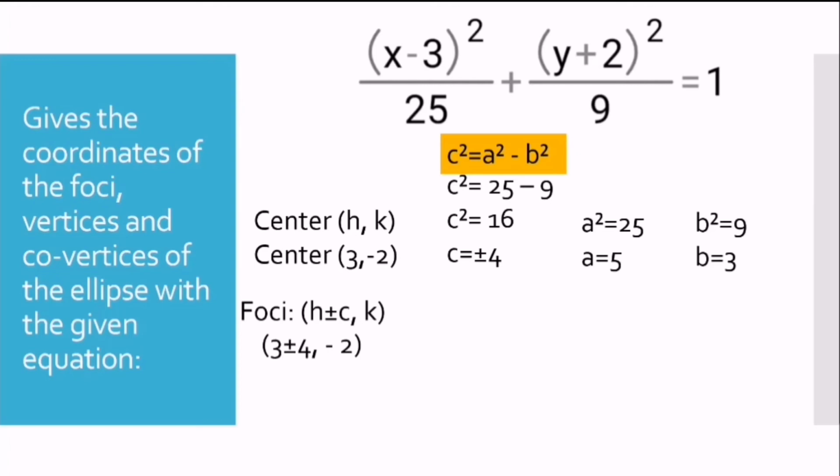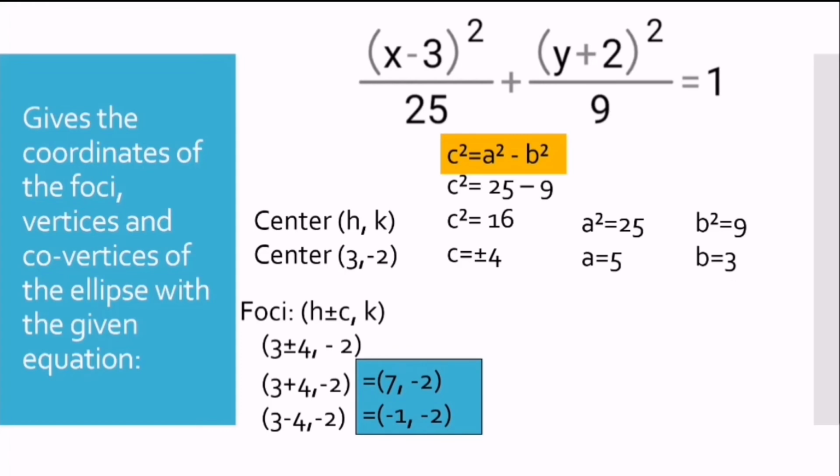So, let's separate it. So, magkakaroon tayo ng 3 plus 4, negative 2, and 3 minus 4, negative 2. So, let's answer it. So, our foci are 7, negative 2, and negative 1, negative 2. That's the focus 1 and 2.